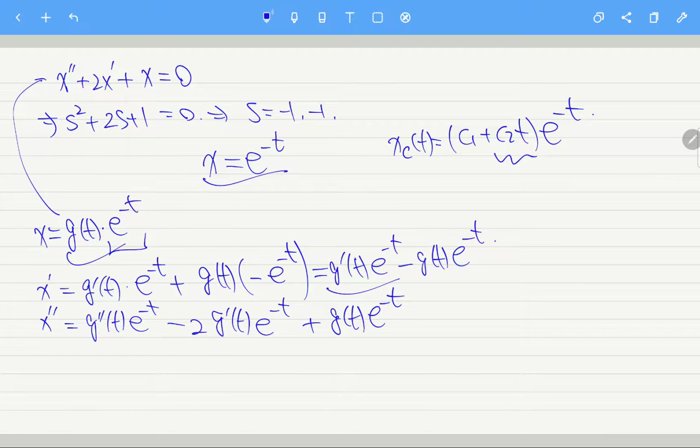You need to take the derivative and then apply the product rule again, and then you will actually find this one to be the second derivative. So we can put in this one and this one back to here.